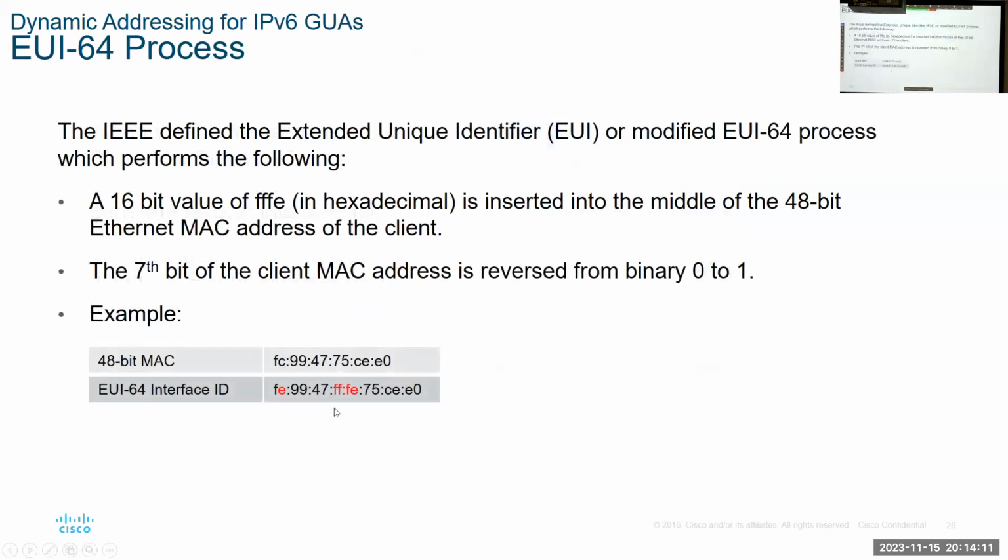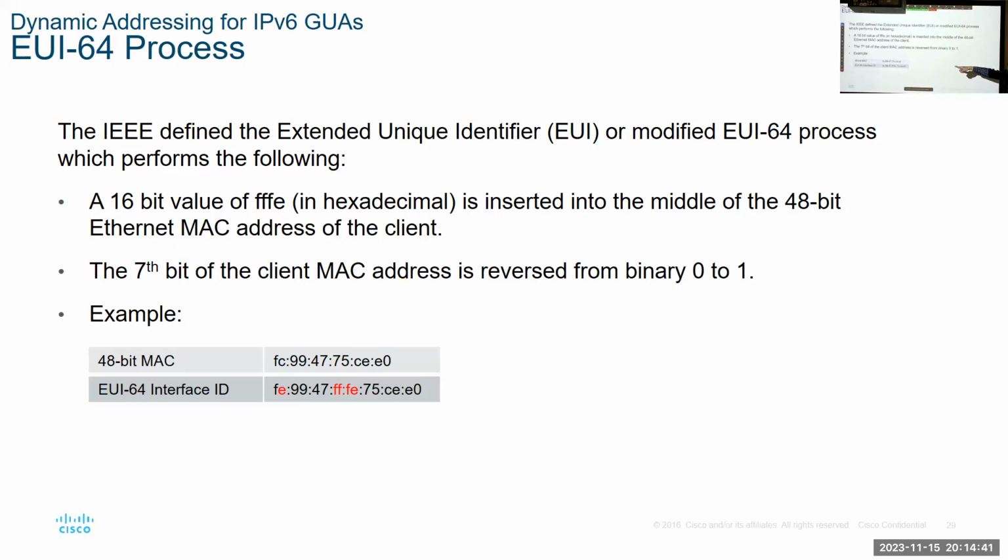All right, so FFFE is the 16 bits it inserts. It also flips one of the bits, so this FC in the MAC address becomes FE. I'm not really sure why they did that. I think I might have read a reason a long time ago, but I can't remember. So the first 24 bits of the MAC address are used.